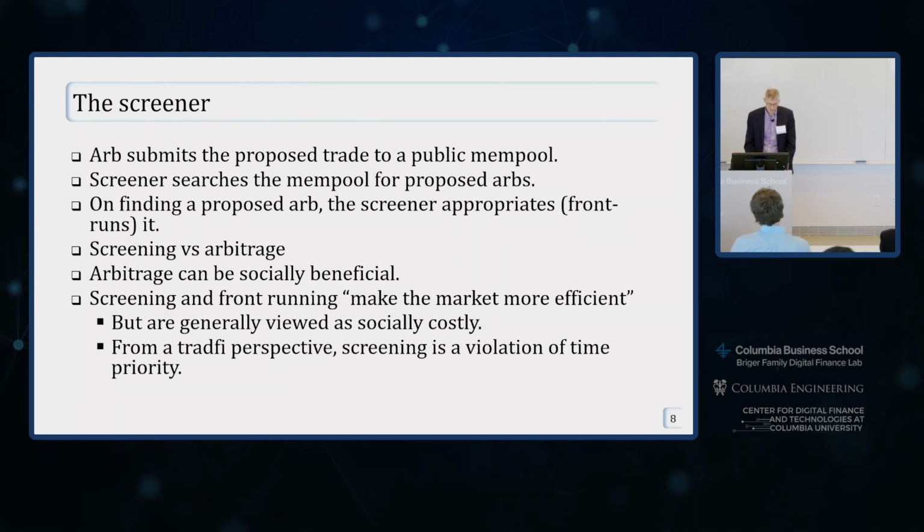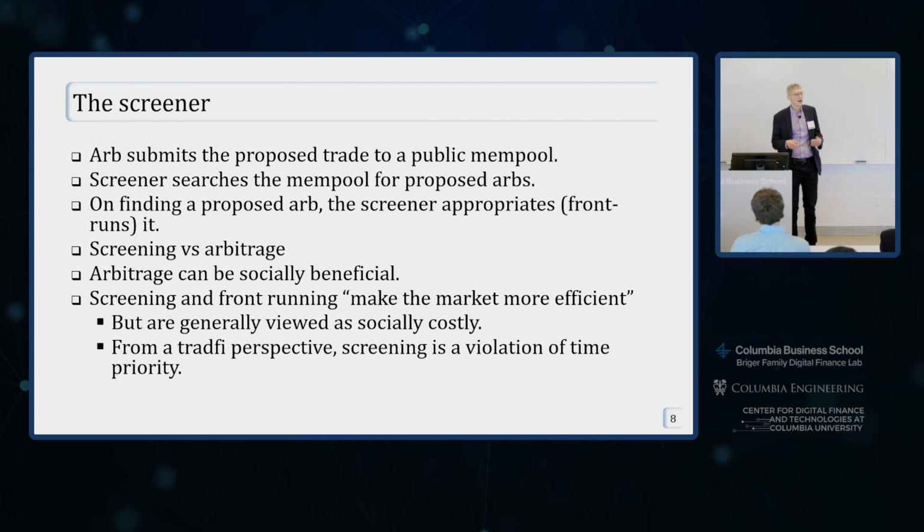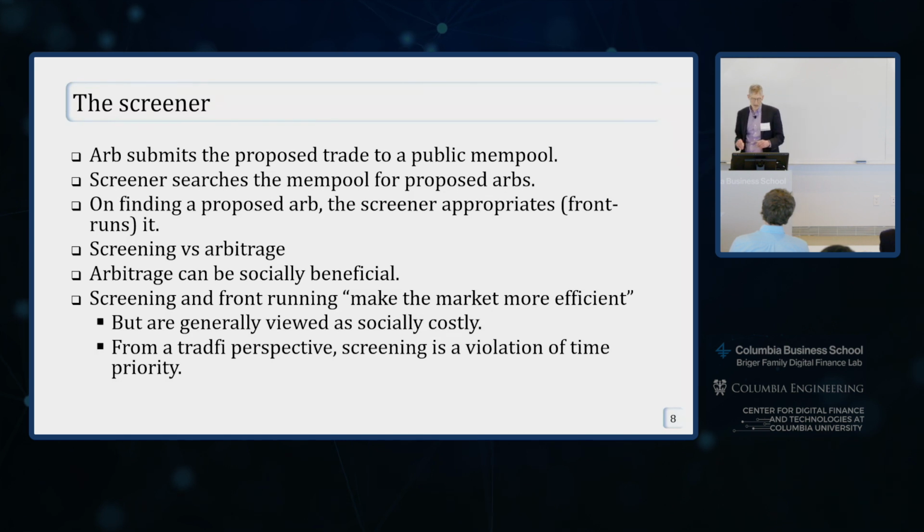They can appropriate the entire value. Screening is kind of like arbitrage in that people who practice screening will say, I'm making the market more efficient, but it's really front running. And from a TradFi perspective, it's not an enhancement of efficiency.